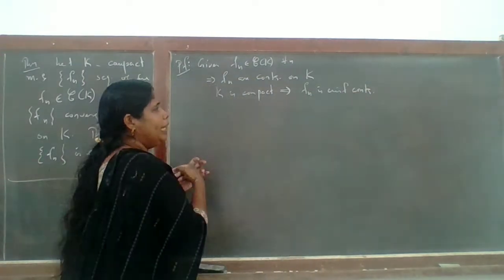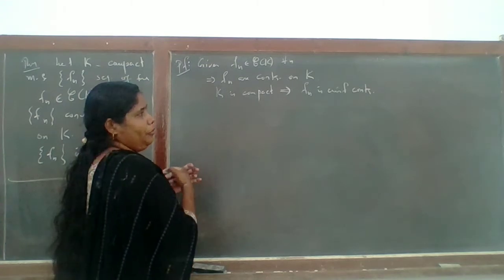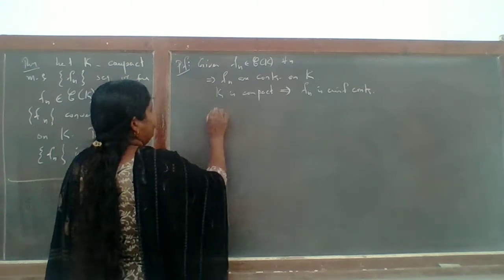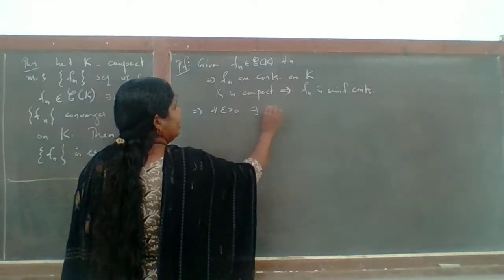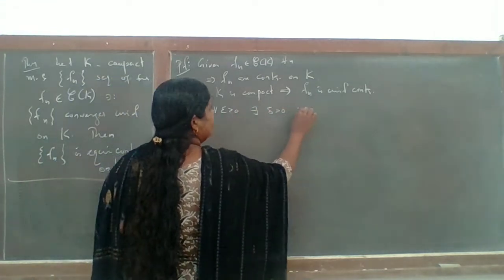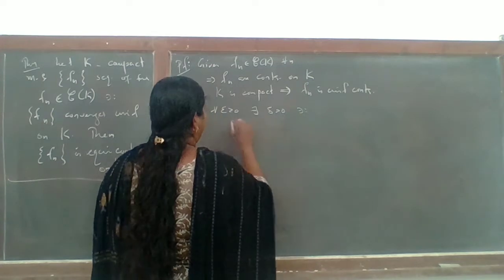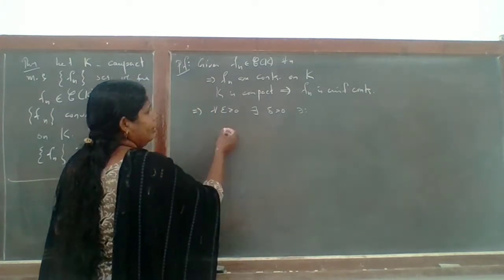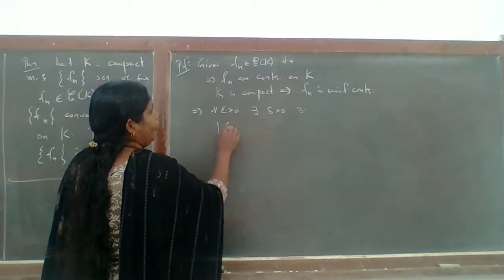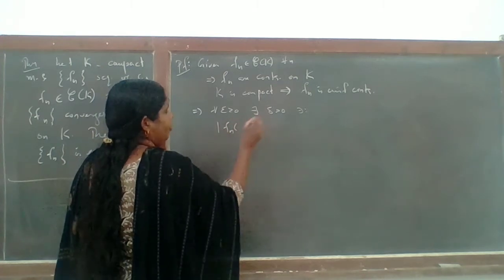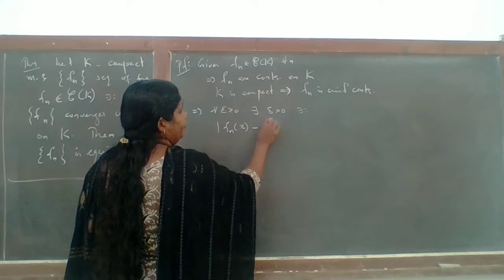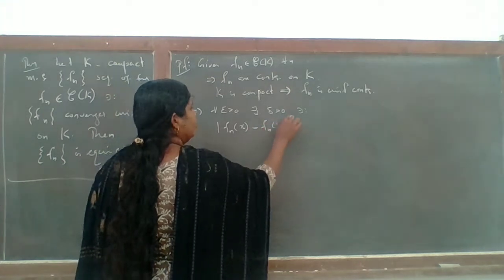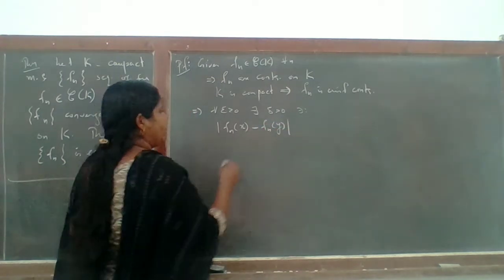Fn is uniformly continuous means, for every epsilon positive there exists delta positive such that modulus of Fn x minus Fn y is less than epsilon for x, y in K with d(x,y) less than delta. We are using the definition of uniform continuity.